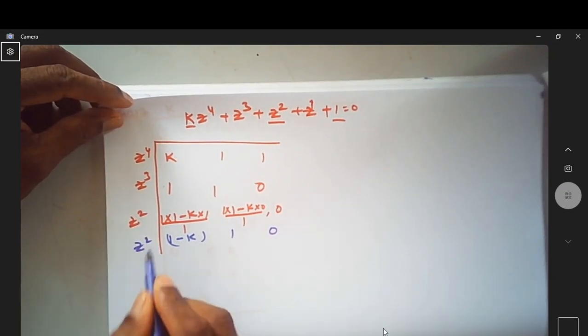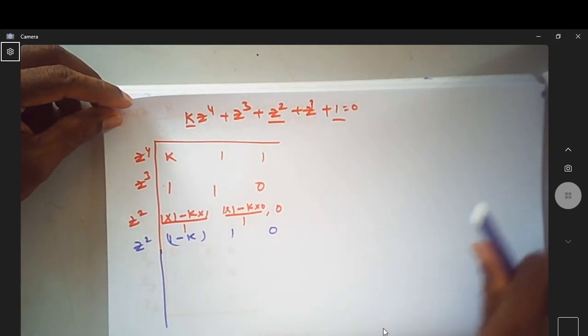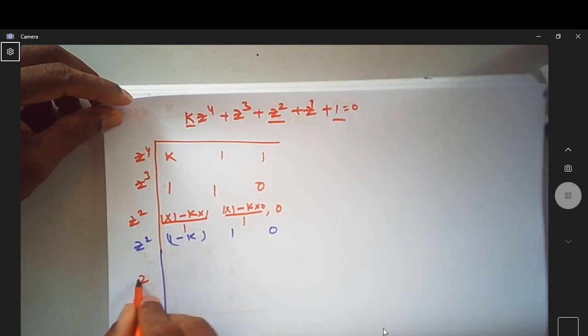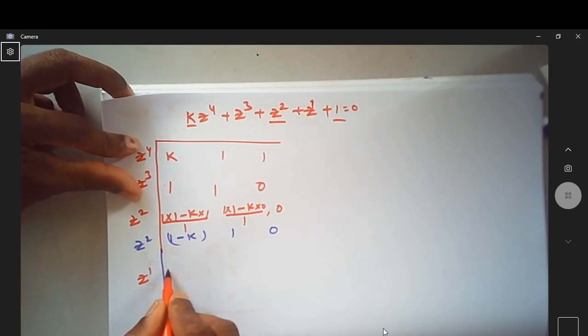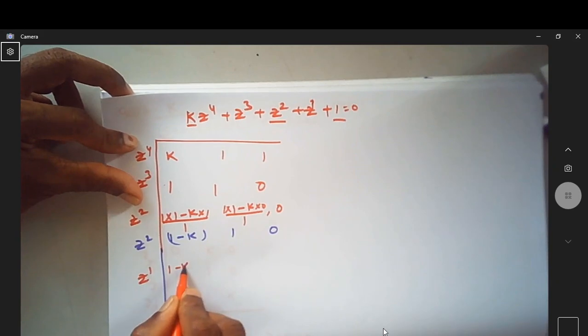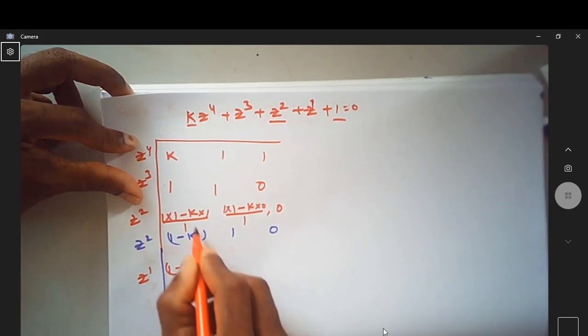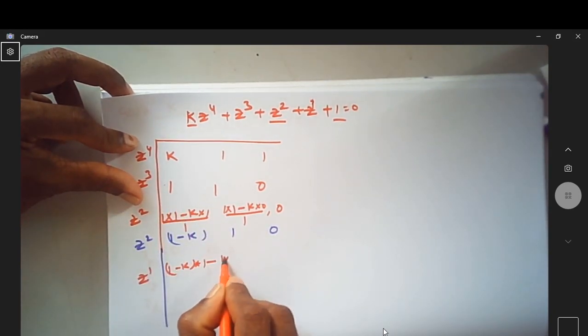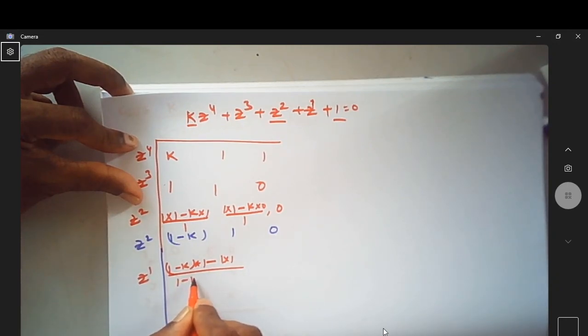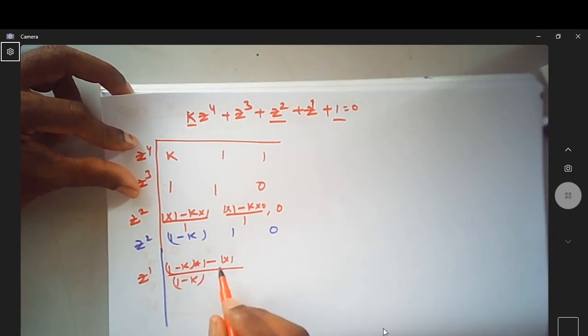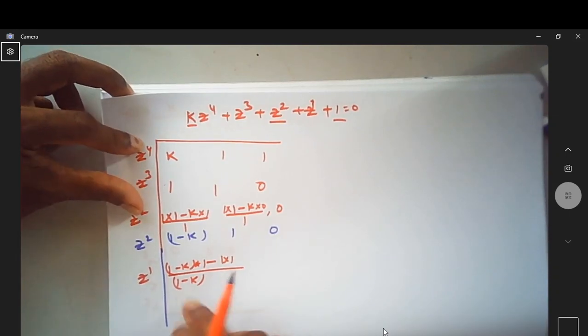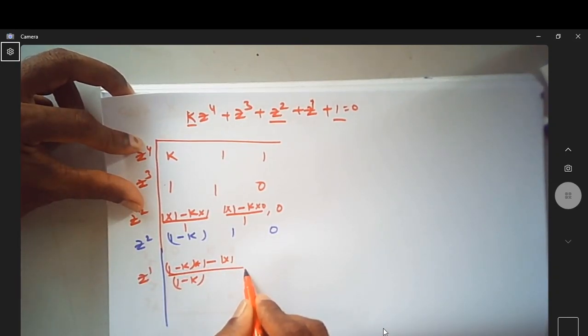So z square is so and so, and then let us continue the array by writing z power 1. So it is (1 minus k) into 1 minus 1 into 1, by 1 minus k.